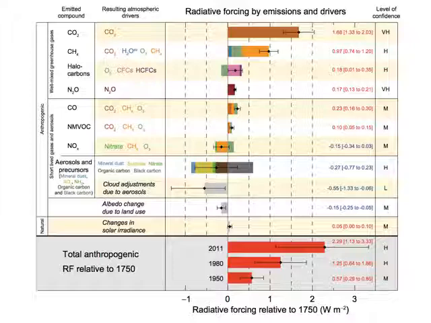And you see here different forcing agents, starting with CO2, going down to things like aerosols, land effect from land use changes, and changes in solar output. And zero would be here along this line.